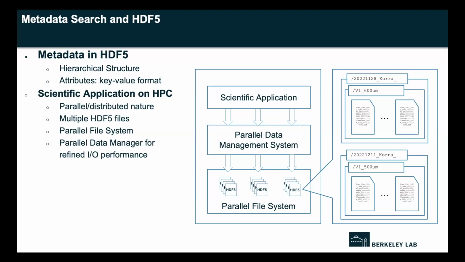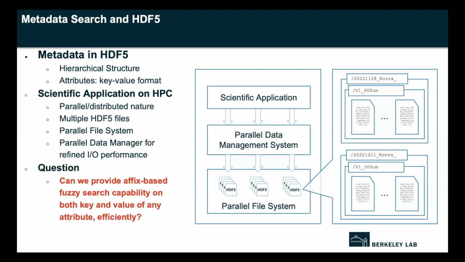These files are distributed on parallel file systems, and to achieve good I/O performance, they usually employ a parallel data management system to handle access against these files. So the question is, can we provide affix-based fuzzy search capability on both key and value of any attribute efficiently?